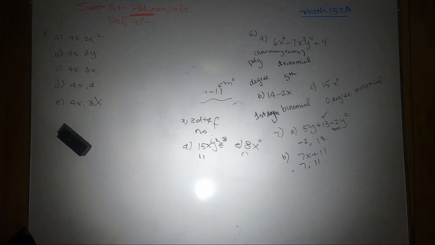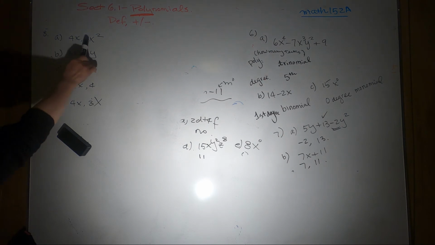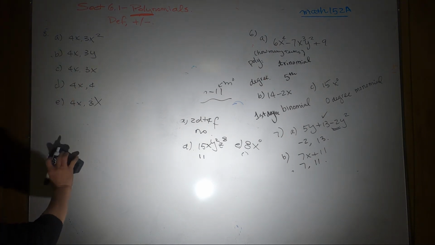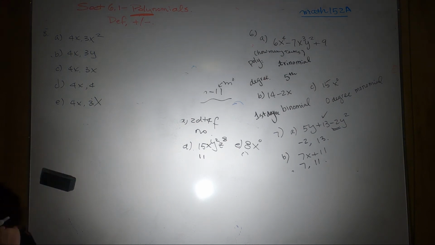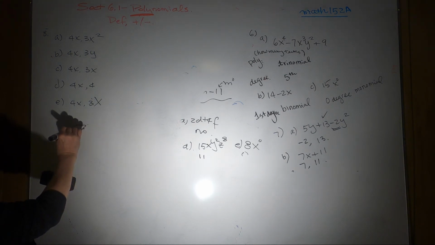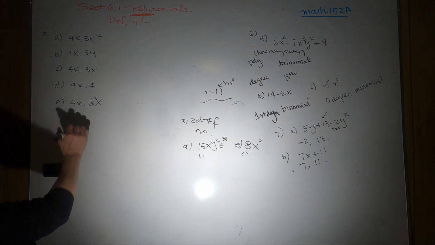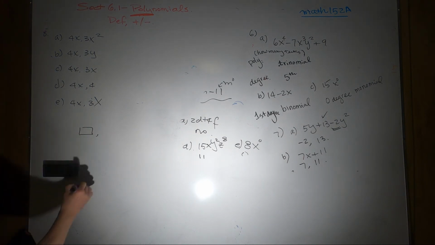Then we say, what are like terms? This is 1 term, this is 1 term. Would you say them the same term? Okay, let's talk about it. So if I have a square and another square, right?